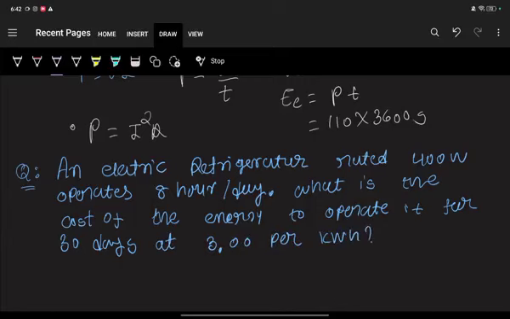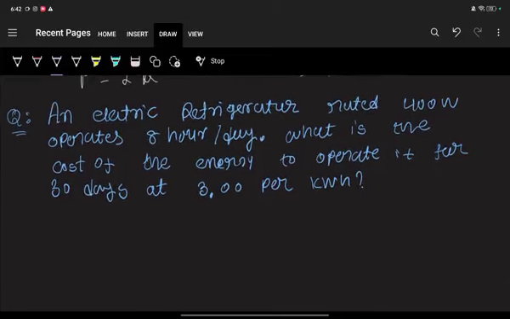So this is the question. You need to find the cost of the energy to operate it for 30 days, 3 rupees per kilowatt hour.